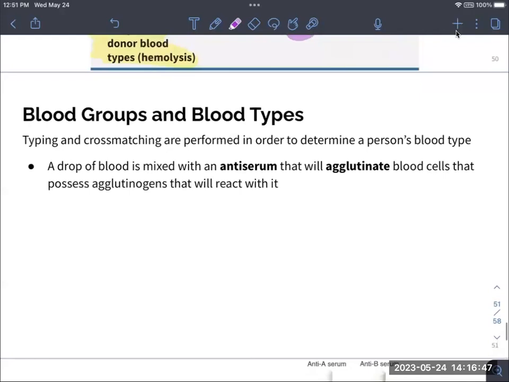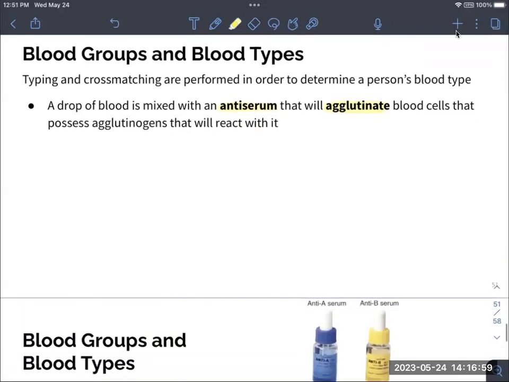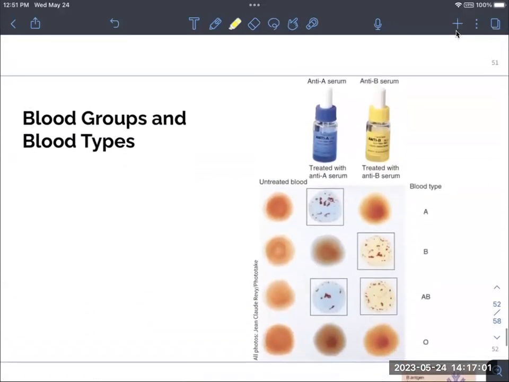So we use anti-serum to help blood type. Here's what we would do. We'd take different types of blood, and because there are 4 different blood types, we'd use 4 different little compartments to figure out what type of blood something is.